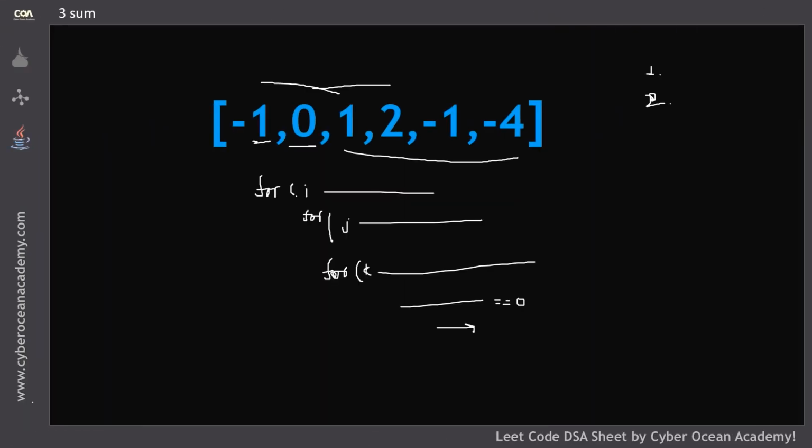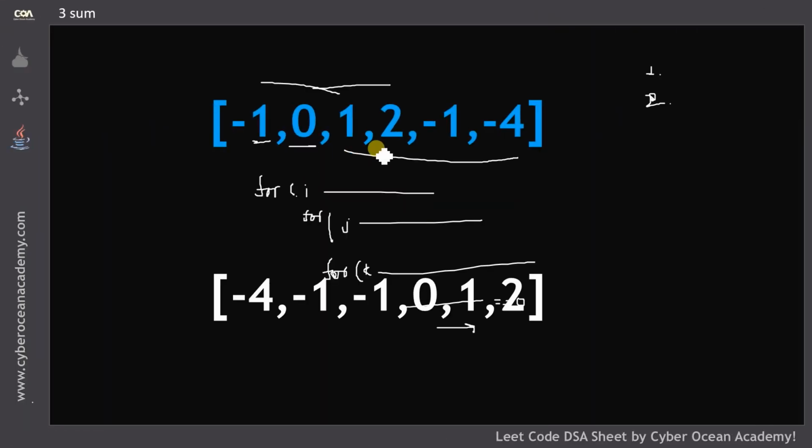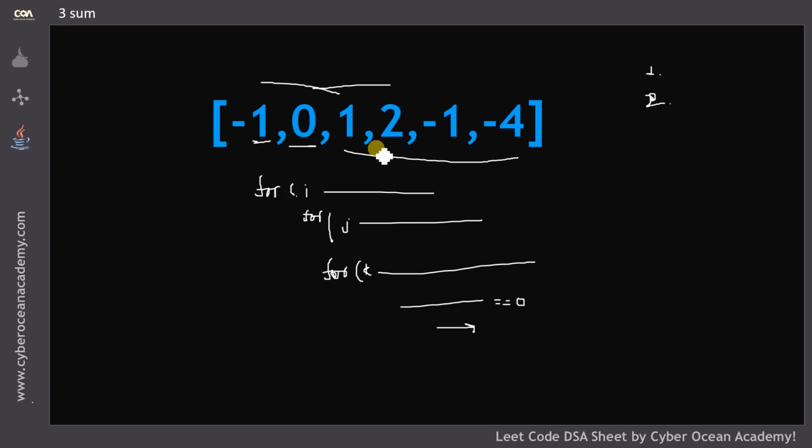So if we consider this example, what are the triplets whose value becomes 0? You can see that this -1, 0, 1 is one triplet, obviously this one, and again this one, this 0, this one, and this -1.